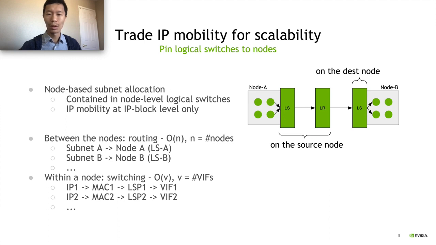In this way, the size of the data that needs to be maintained on node A is much less. But we're sacrificing IP mobility because an IP address can be moved from one node to another node only at block level instead of individual IP level.